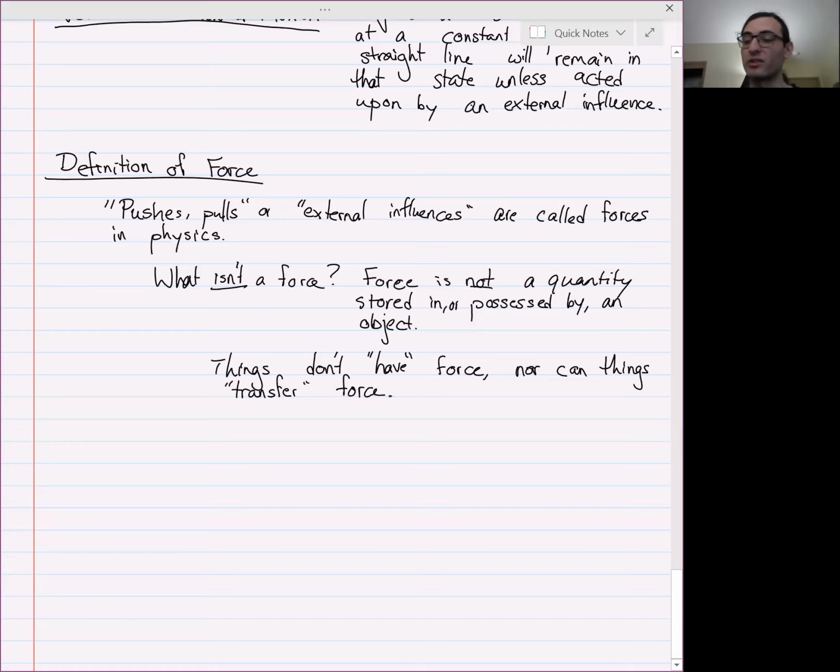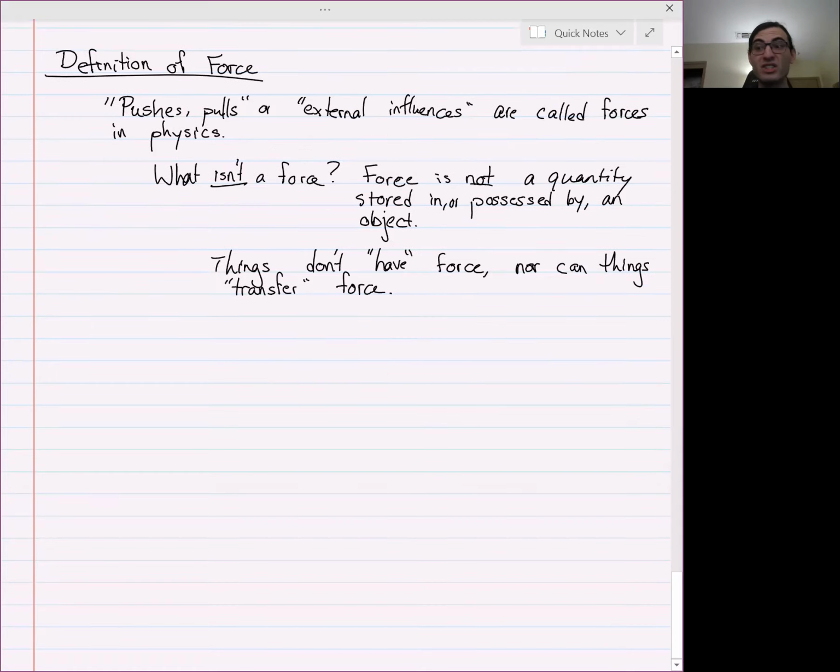Neither of those things make sense when we're talking about force. It's also not how many midichlorians you have, also true. So the point is force is not a thing that something has.